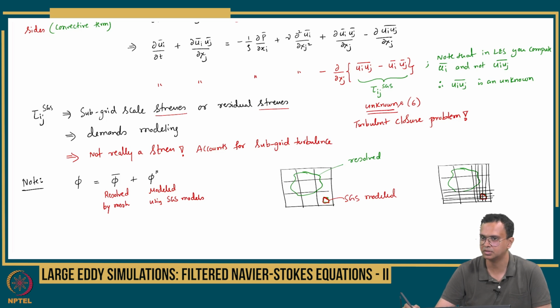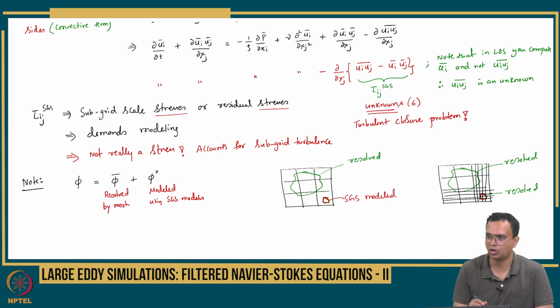Now suddenly this becomes resolved also, right? Both are resolved. I did a zonal refinement there, only around that. We can do global, it doesn't matter. As long as I have refined it, this structure is being resolved, and I don't have to model it. That means by changing the mesh size, the amount of contribution from the resolved component and the model component is changing, correct? So do you get a mesh independent study?